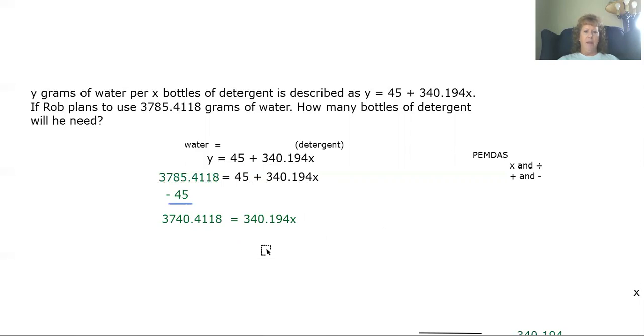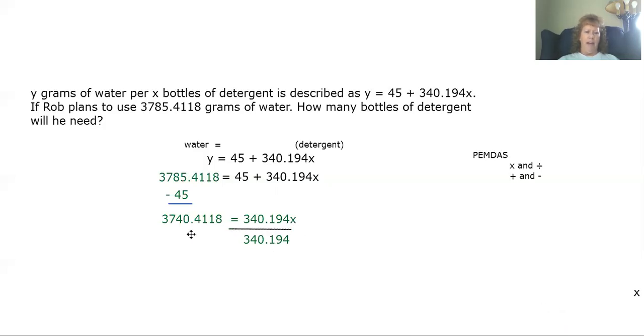So the last step I need to do is separate the number from the letter X. I'm going to do that because if these are multiplied, then if I divide by the 340.194, that side will cancel just so that X is by itself.